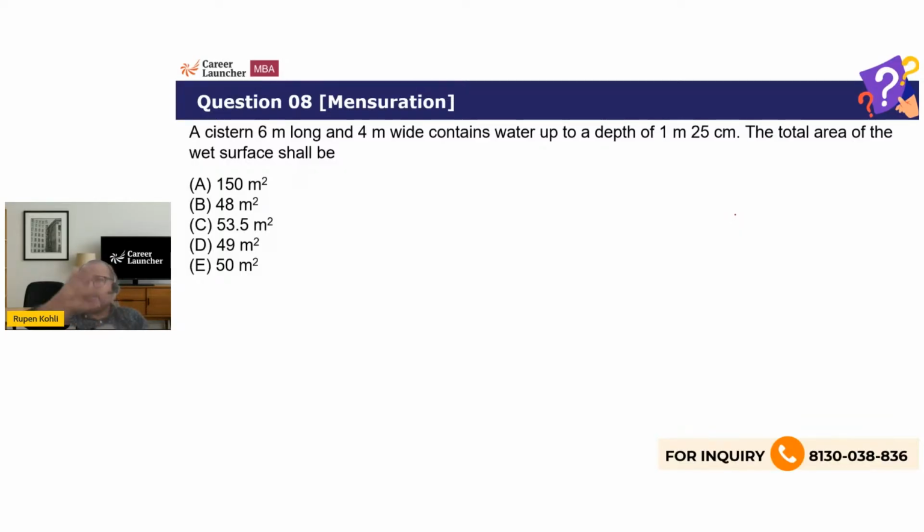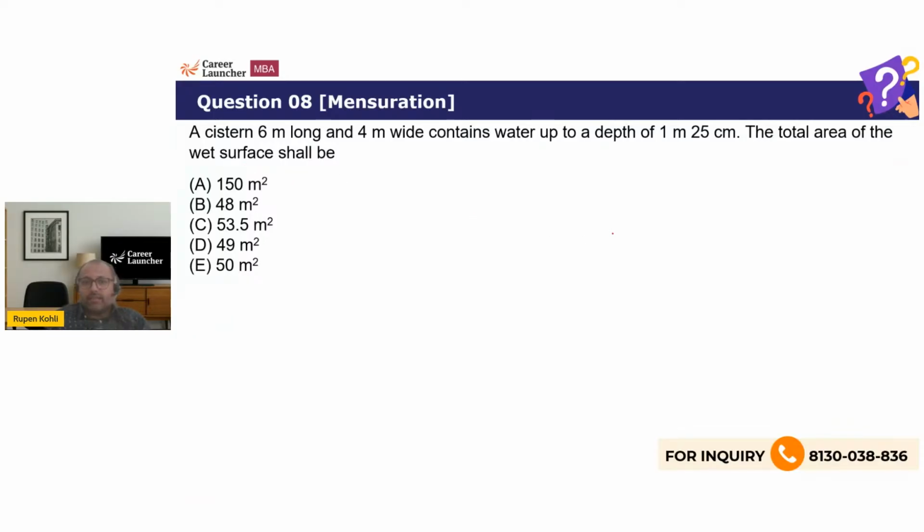So basically that's a cuboidal figure, a rectangular solid. So see, what happens is when he's asking for the wet surface, try to understand, he's not asking for the total surface area, he's asking for the area of the wet surface.